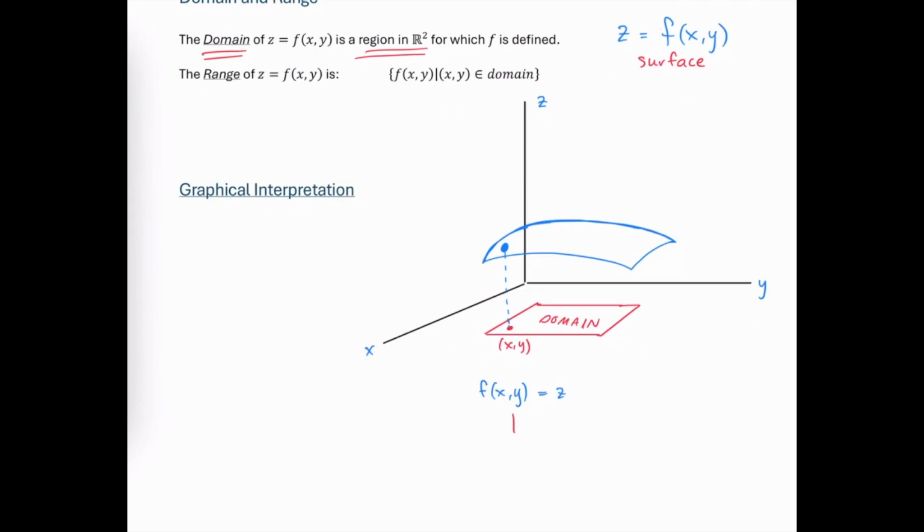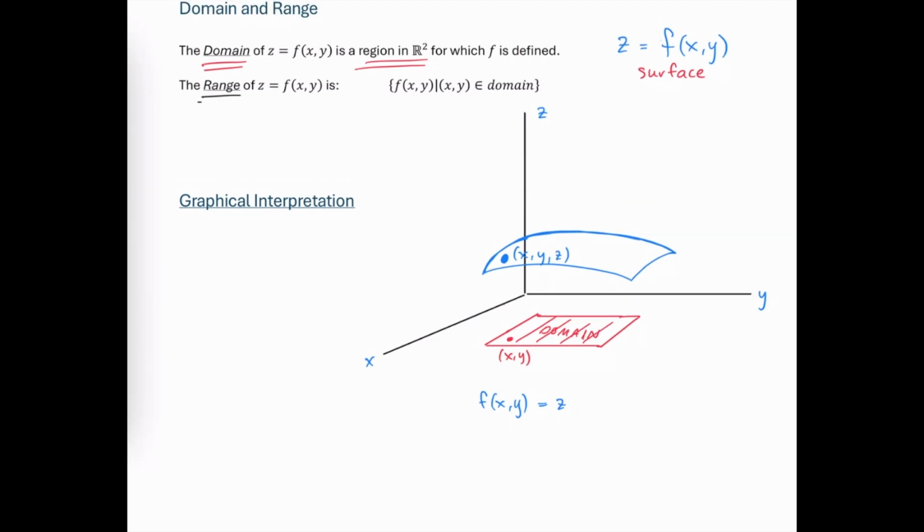So when we plug an ordered pair into the function, we get a corresponding z value out, and that's going to give us an x, y, z ordered triple that lies on the surface. And every x, y ordered pair in the domain is going to map to its own corresponding z value, giving us multiple ordered triples, and all of that taken together yields the graph of this surface function.